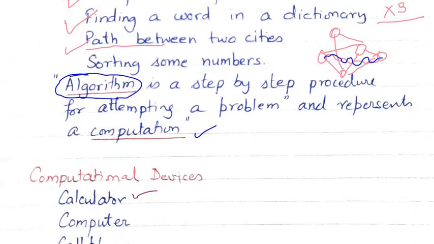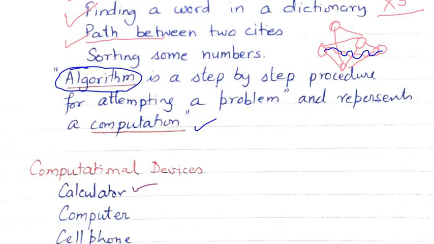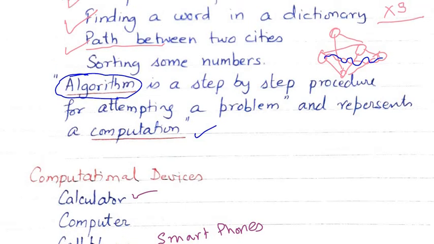The next may be a computer, which you might be using also. A computer computes things, and a lot of computation we can do with the help of a computer. And then the cell phone, today's smartphone. We can do a lot of computation with smartphones, right? We can install a lot of applications and run them to do some computation.